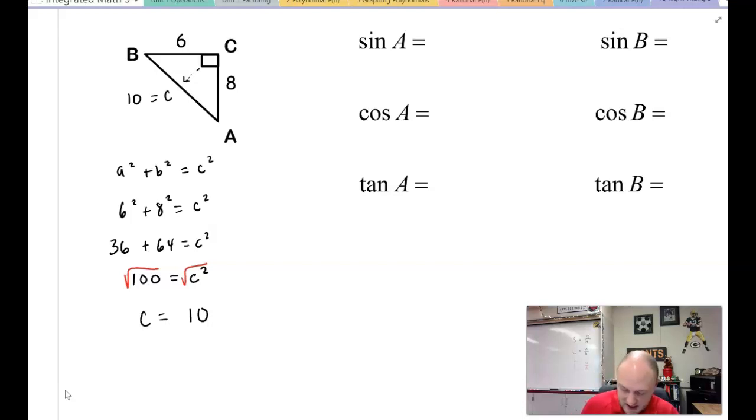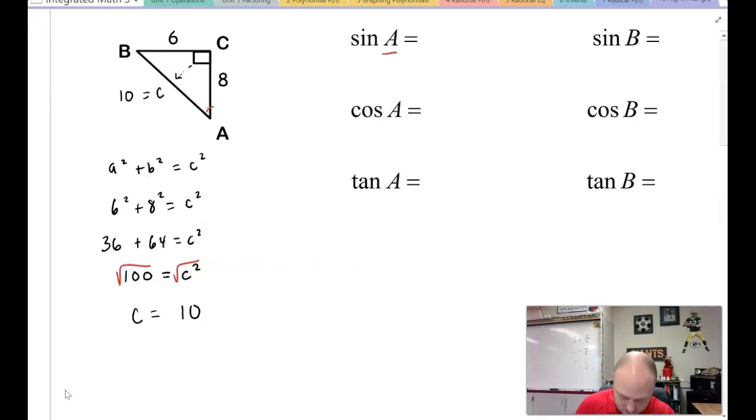They give us a specific angle here. They say A. The first thing you should do is go ahead and draw an arc in that label. So we're right here, angle A. Then I just want to label my sides. It's very, very important that you label your sides.